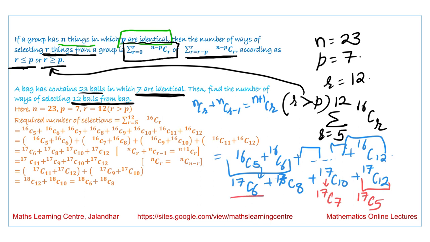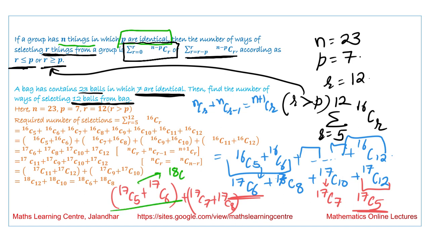Now collecting these terms, we have 17C5 plus 17C6 plus 17C7 plus 17C8. On adding these two terms, the answer we have is 18C6 plus 18C8. So this is the final answer we obtain in this case.